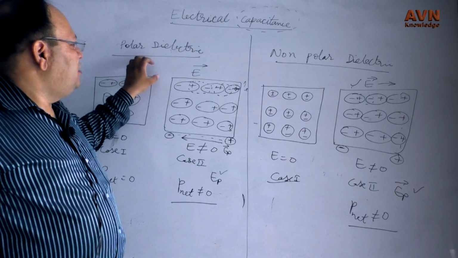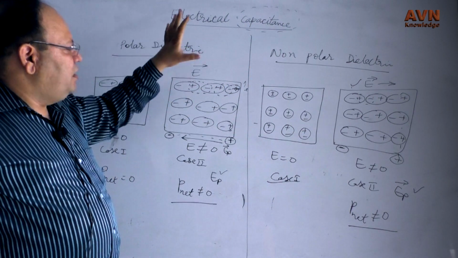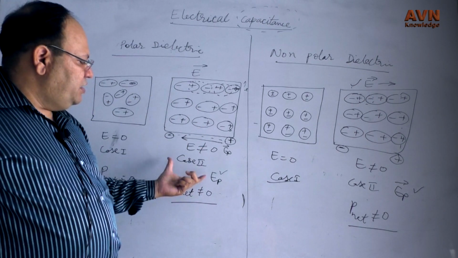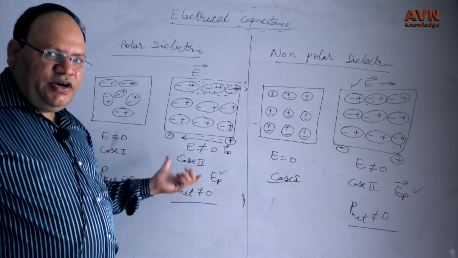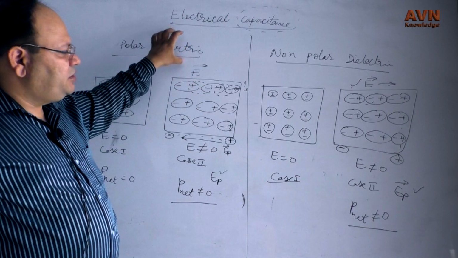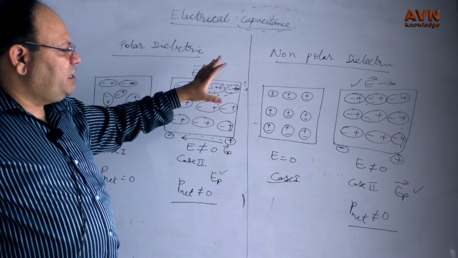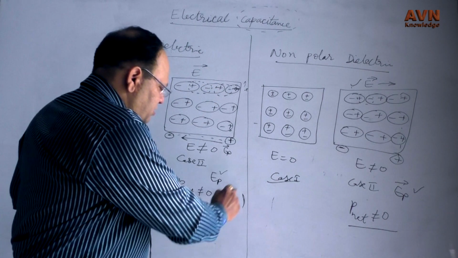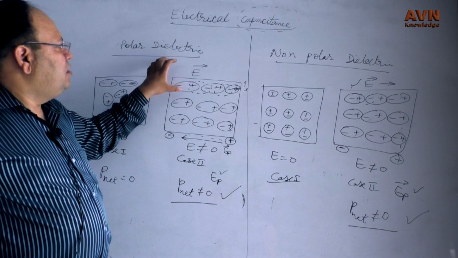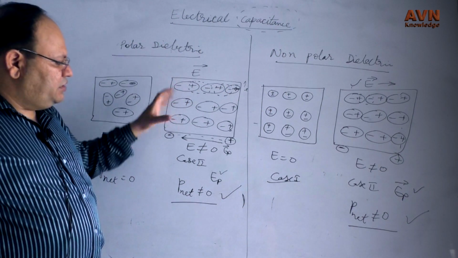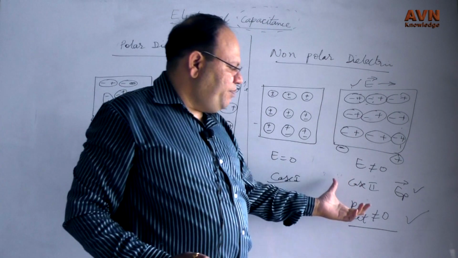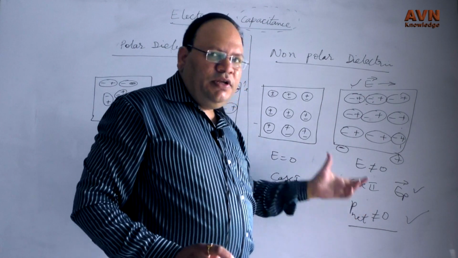So we can see that when the electric field is applied to a dielectric substance, it affects the electric field. The definition of a dielectric substance is that when we apply the electric field, the substance affects the electric field, meaning an electric dipole moment is generated.